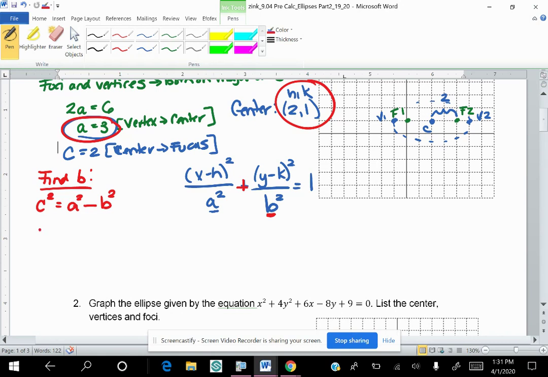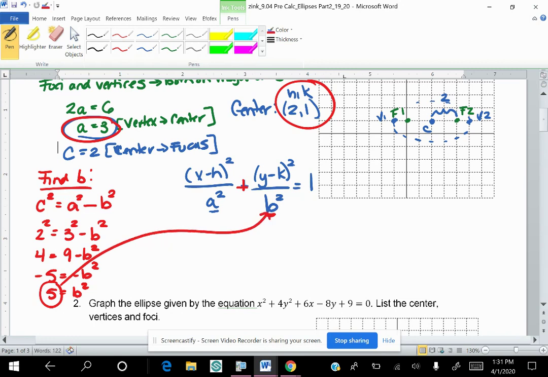So let's substitute in. We know C is 2, so that's 2 squared. A is 3, so that's 3 squared minus b squared. So we have 4 equals 9 minus b squared. Subtract 9, we get negative 5. Divide by negative 1 on both sides, we get 5 equals b squared. So that's what's going to go in right here.